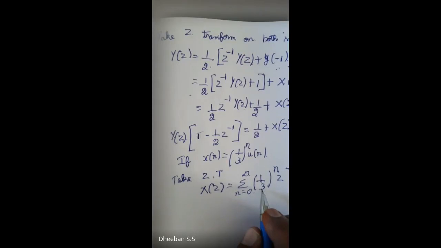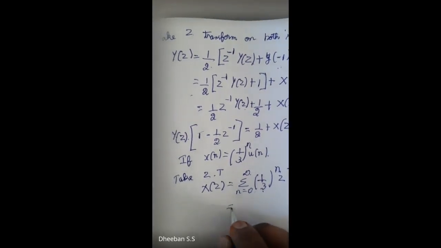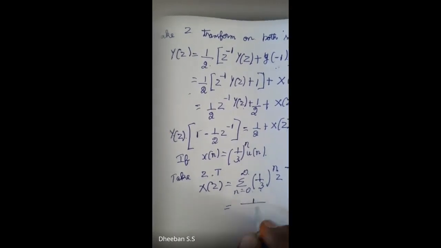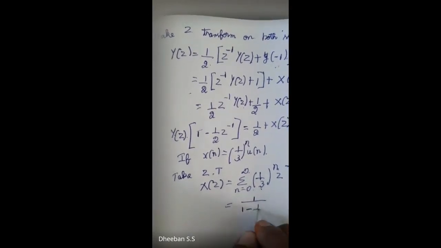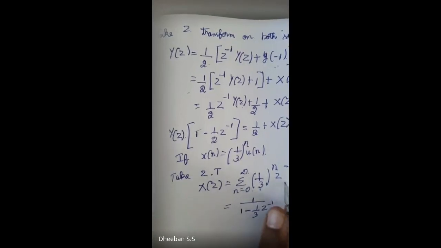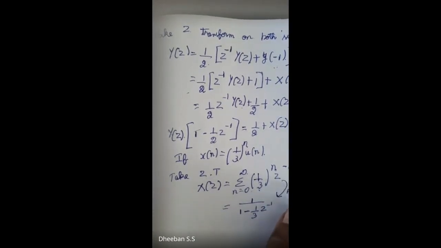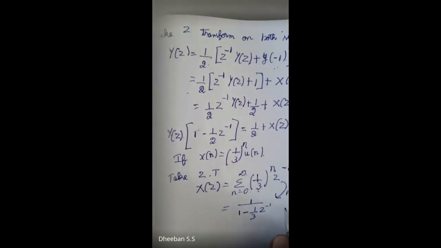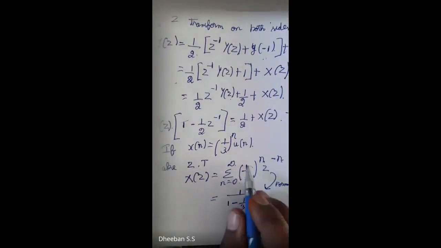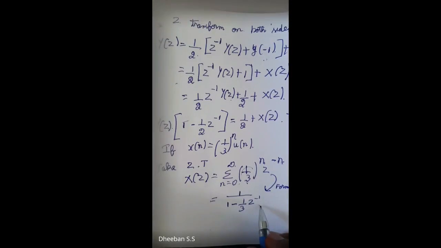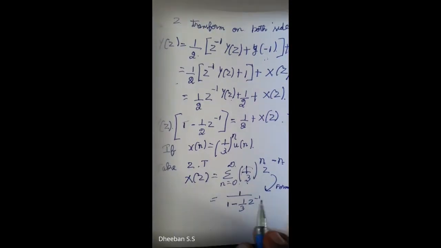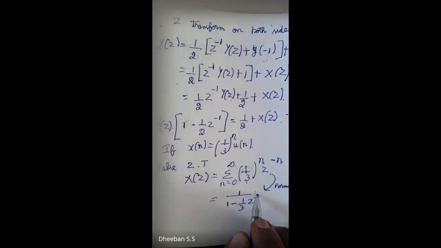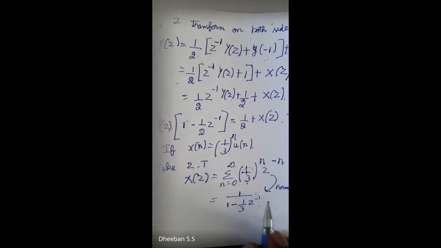So if you are applying the Z transform, your formula will be 1 by 1 minus 1 by 3 z power minus 1. This is the formula for your Z transform. Okay, so you take this as a constant, and finally you will be getting the formula like this. Now substitute this value over equation 1.